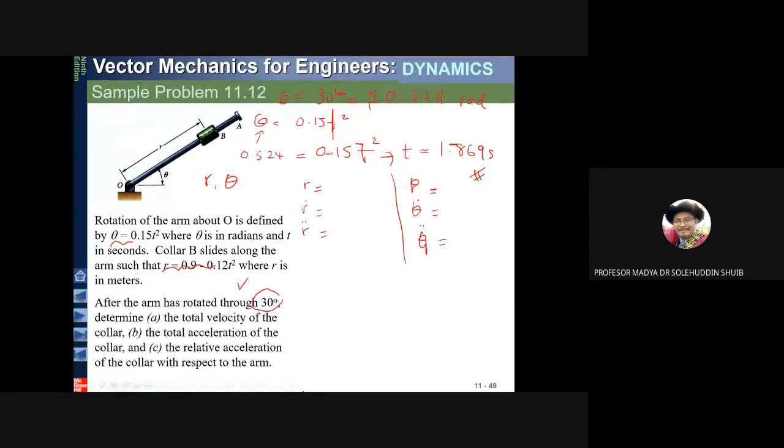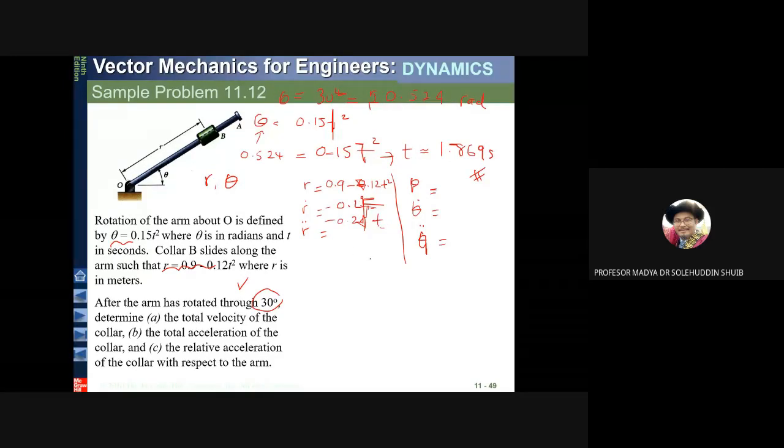So start with this one, r is 0.9 minus 0.12 t square. You differentiate with respect to time, you get minus 0.24 t.